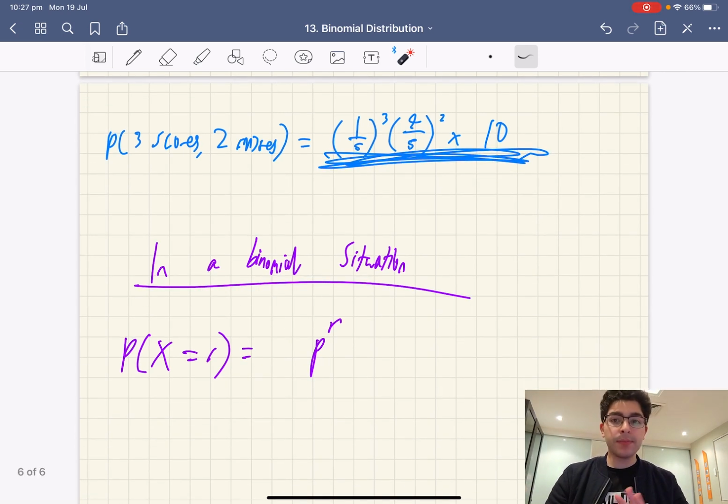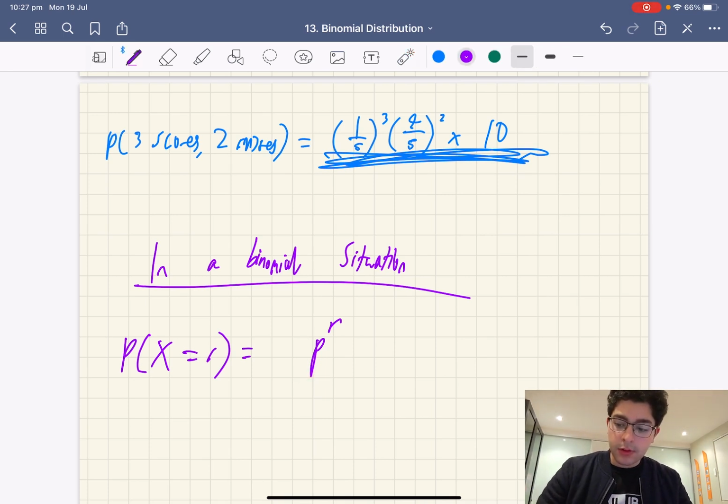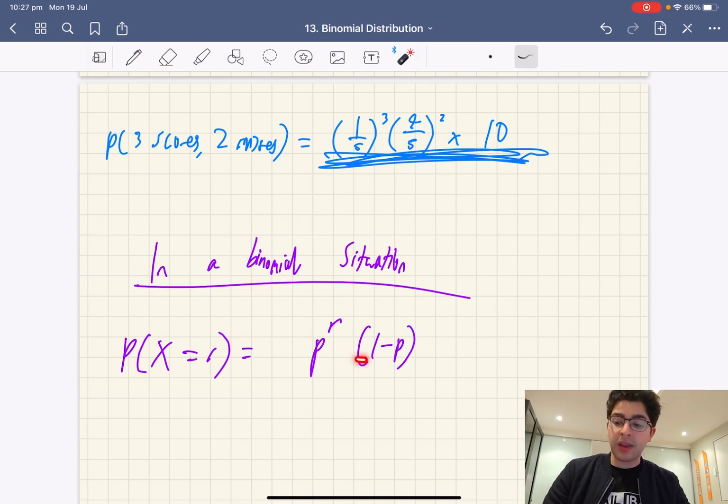So as we can see, we need to also account that if we have n attempts, this is going to be the probability of a failure, which is the same thing as 1 minus p. Please take note of that. As we can see, the probability of succeeding is 1/5, so we said 4/5 is a failure. So to work out a failure, it's going to be 1 minus p.